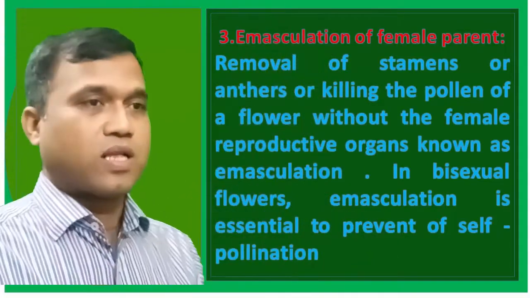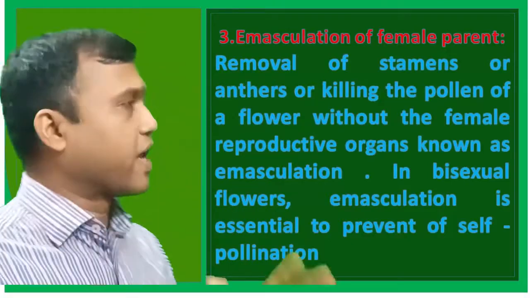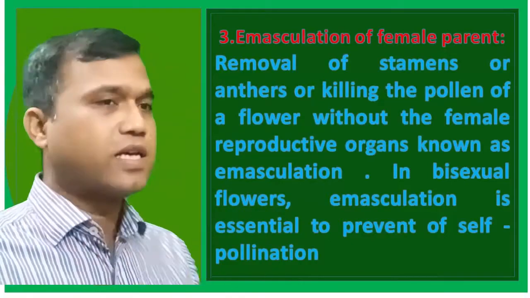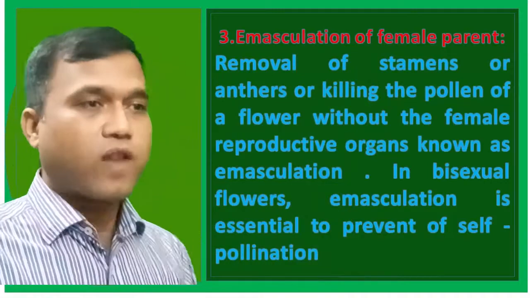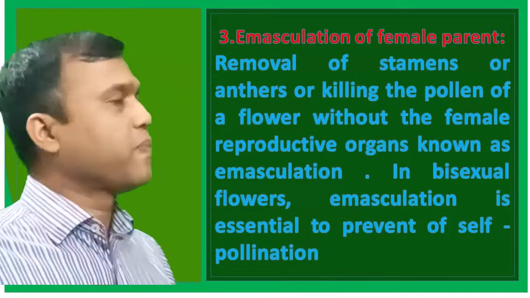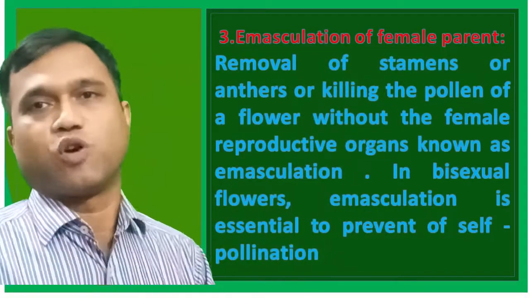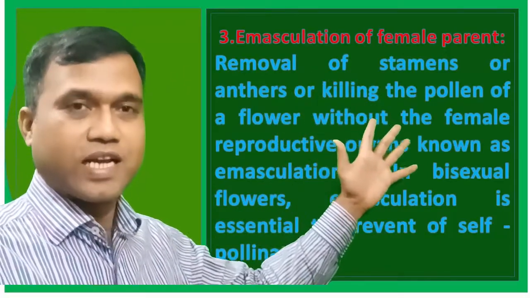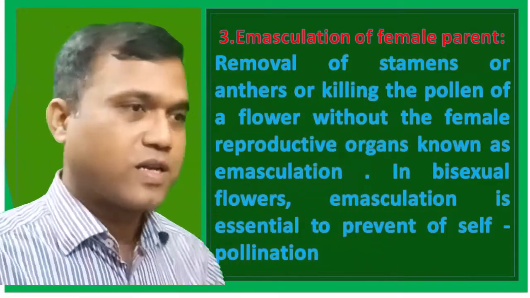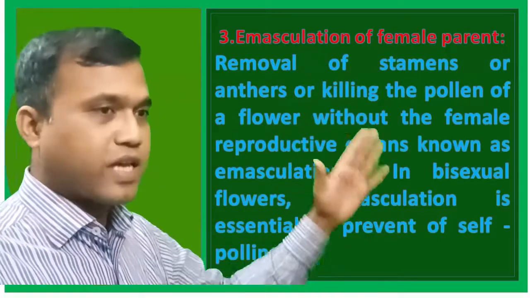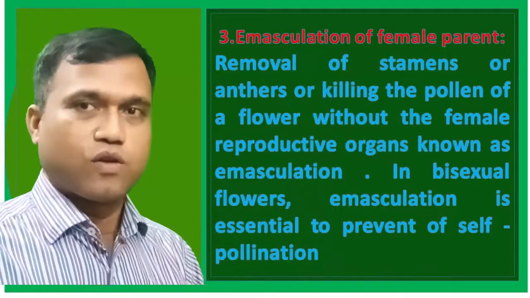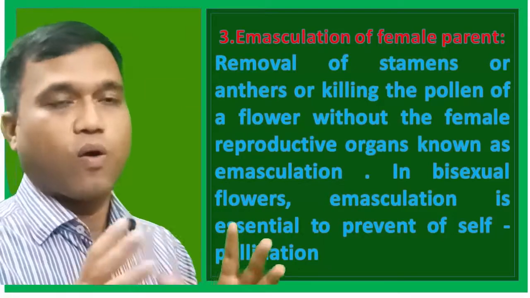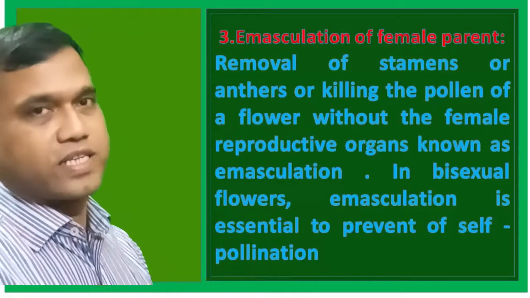Removal of the stamen or anther, or killing the pollen of a flower without harming the female reproductive organ, is known as emasculation. In a bisexual flower, emasculation is essential to prevent self pollination.